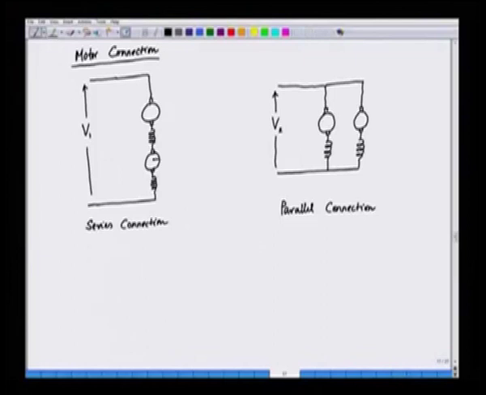So, the speed increases. Suppose this motor speed will increase, this slips. Now, if this motor speed increases, torque will decrease, because we know that the torque speed characteristic is like this. For series motor, this is speed and this is torque. So, if speed increases, the torque is going to reduce.